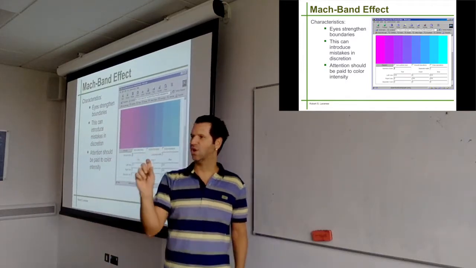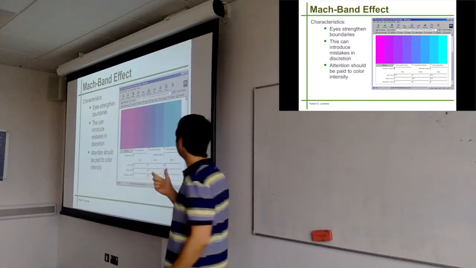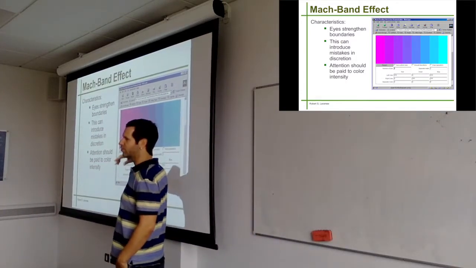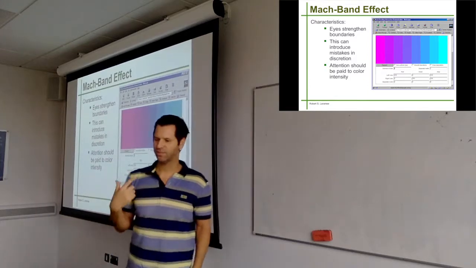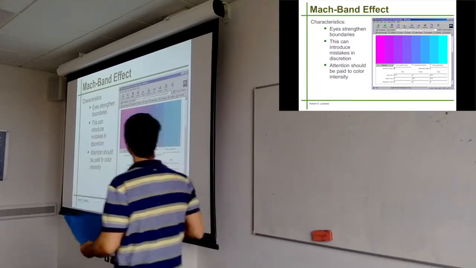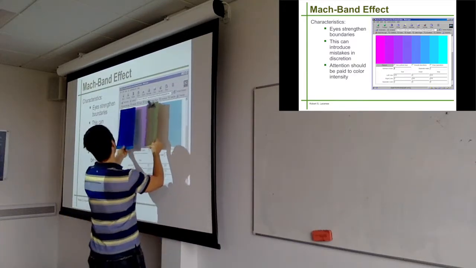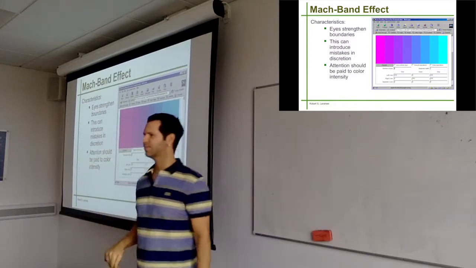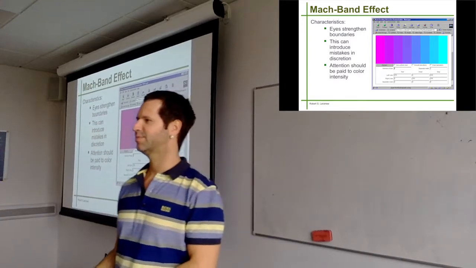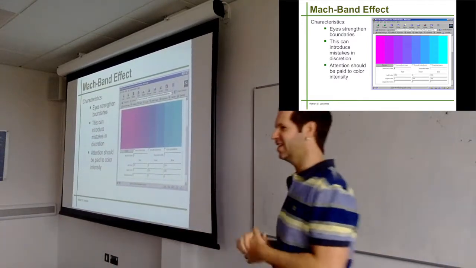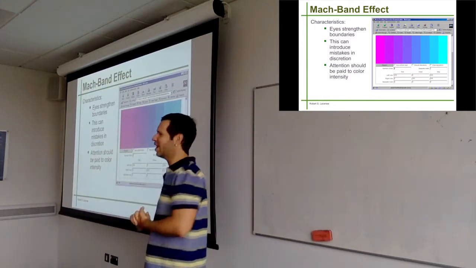And because of that context, it creates this illusion that the color is changing as we go from left to right. And if you want to prove that to yourself a little bit, this is not a very perfect exercise, but if you hide the slide, now it looks more uniform. Did everybody see that? Anyway, you can Google Mach band effect and you'll see more examples of that.